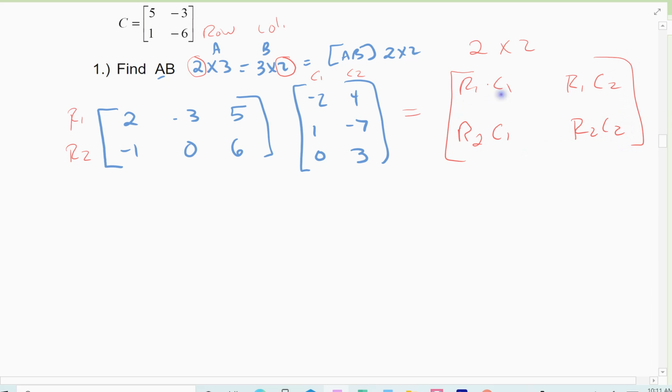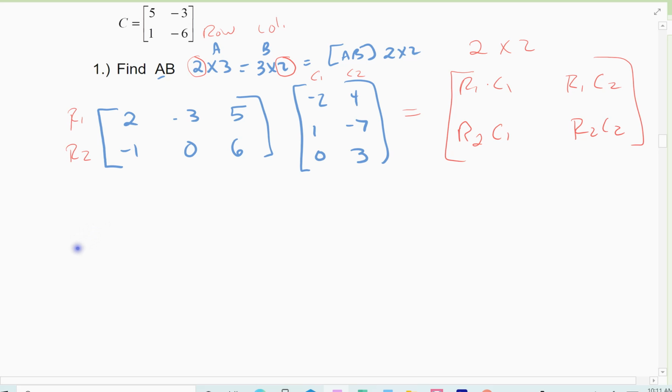The first entry is row 1, column 1. The second entry is row 1, column 2, then row 2, column 1, row 2, column 2. So I'm going to take each of these rows and multiply by each of those columns to get my 2 by 2 matrix. And it's the same row times column method that I introduced in the first video.